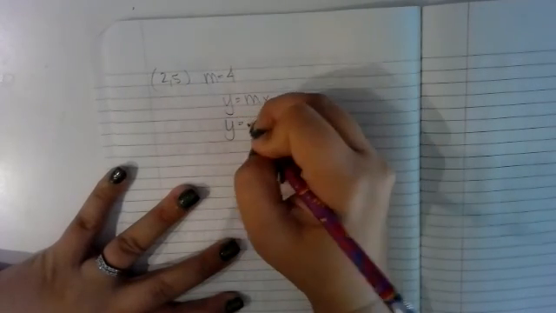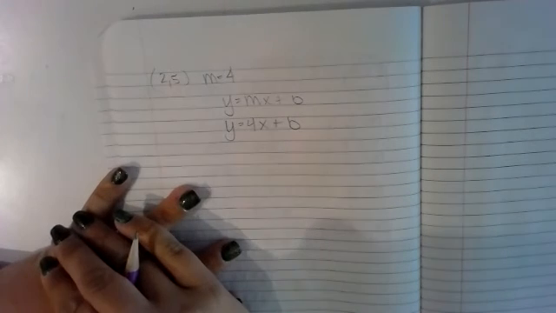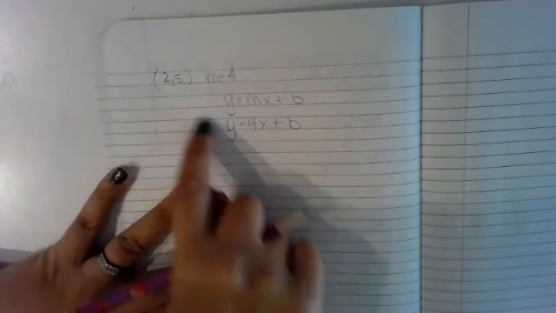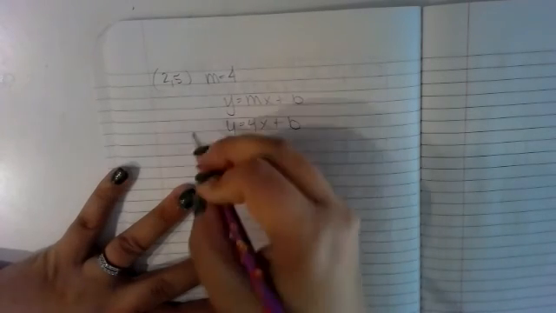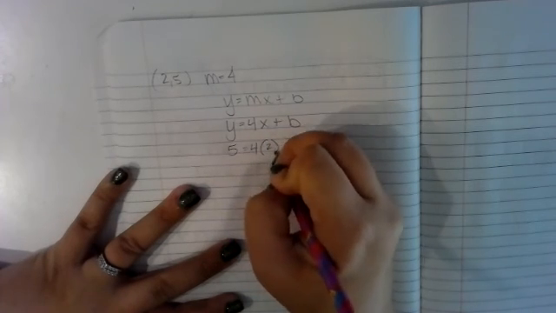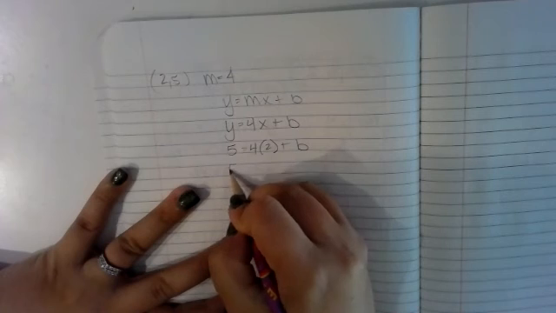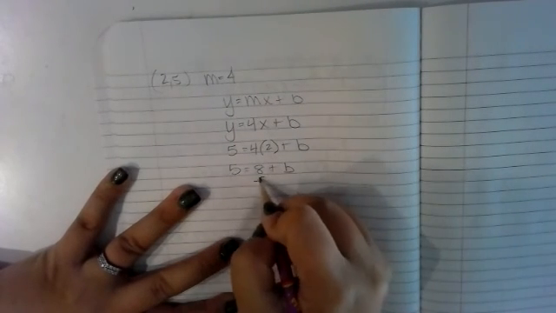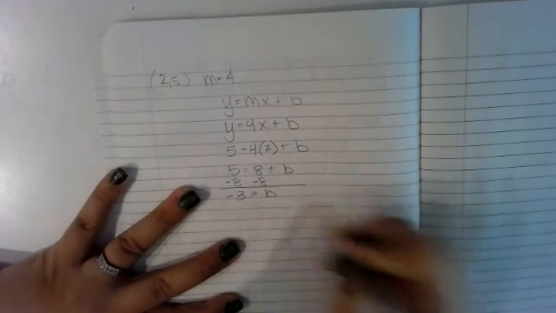So I have y equals 4x plus b. And then I took 2, 5, and substituted it into this in order to find b. So I would have written 5 equals 4 times 2 plus b. This is 5 equals 8 plus b. Minus 8, minus 8, negative 3 is equal to b.